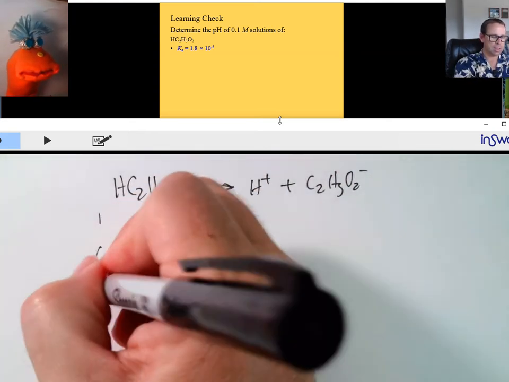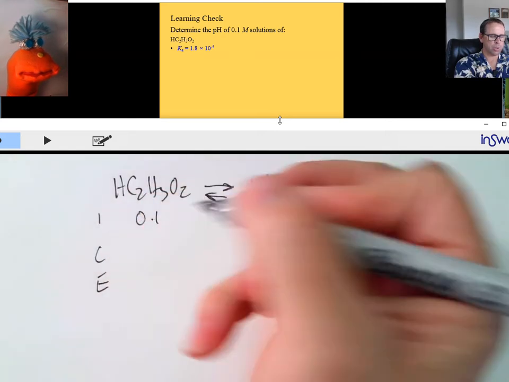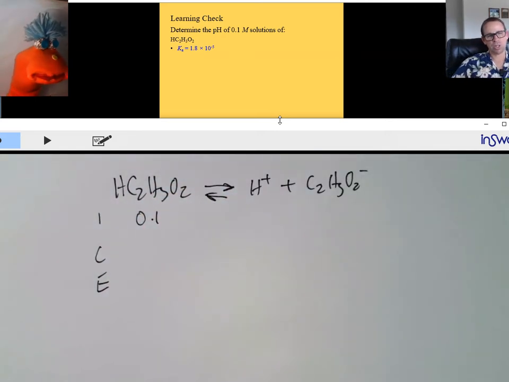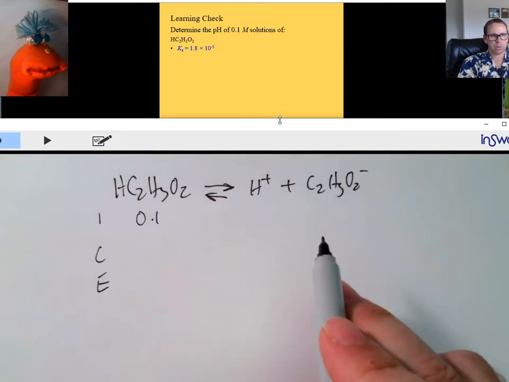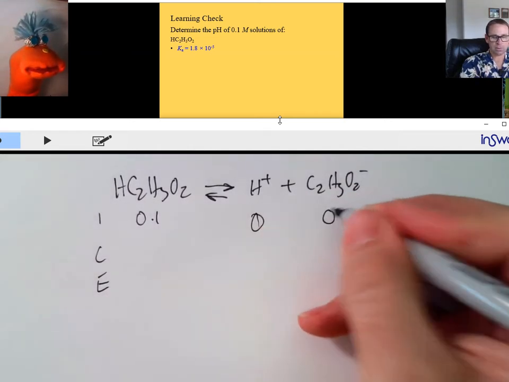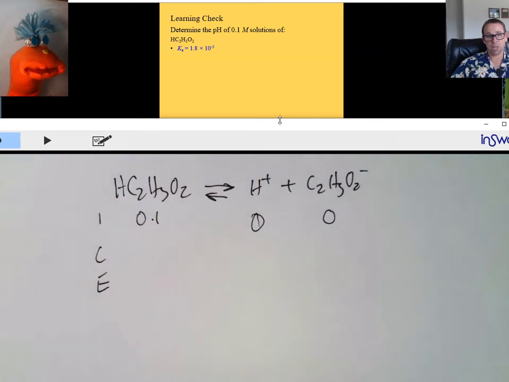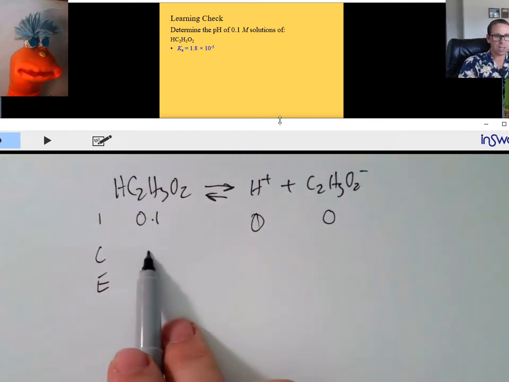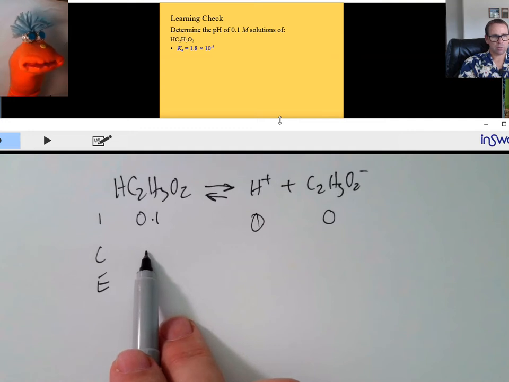So we create our ice table here using 0.1 molar as the initial concentration of the acetic acid. How much of these do we start with? It doesn't say. How do we know? Well, if it doesn't say, then we have to assume there's none. Now the change. What is the change for this process here?